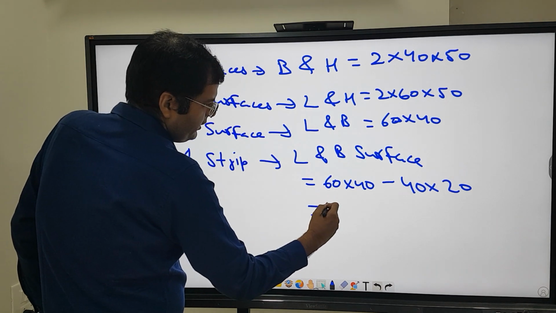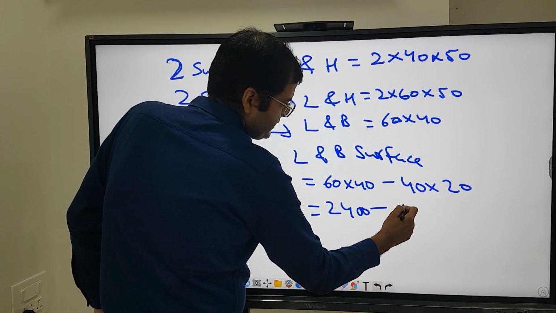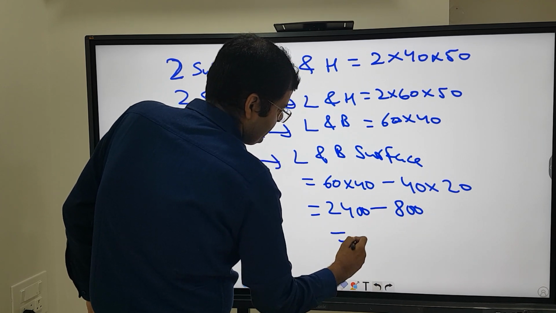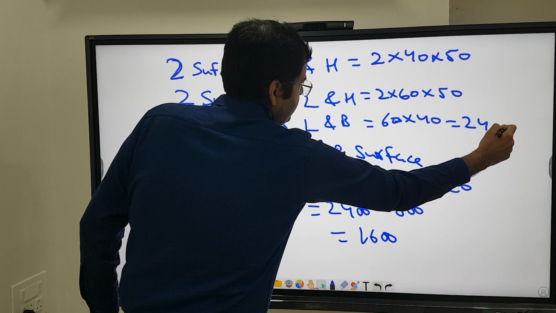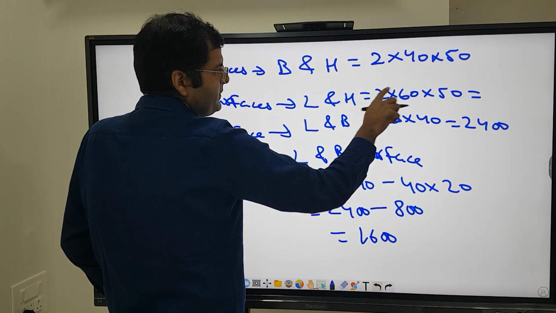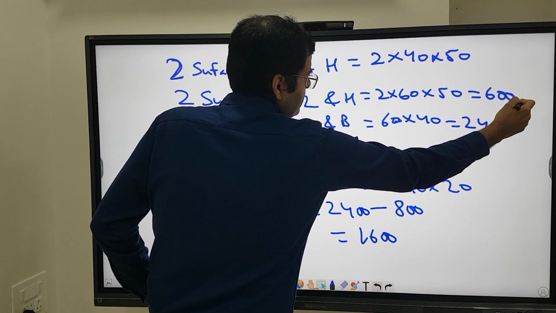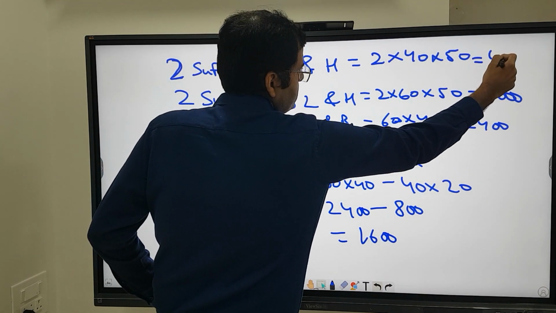So 60 into 40 is 2400. 60 into 20 is 1200, so 2400 minus 800 is 1600. Sorry, 40 into 20 is 800, so the strip is 1600 and the full surface is 2400. 60 into 50 is 3000, into 2 is 6000. 40 into 50 is 2000, into 2 is 4000.